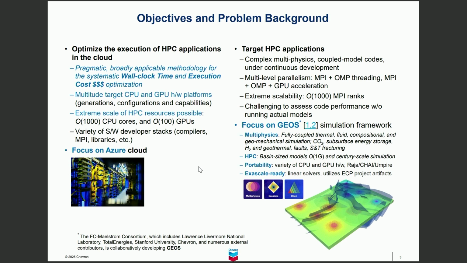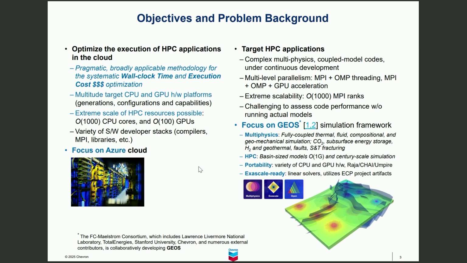And we want to be able to build these systems using different kinds of compilers, GNU, Clang, and different MPI, Intel MPI, Open MPI, and different math libraries, etc. And the environment that we are focusing on is Azure, which we will see as our HPC compute environment.